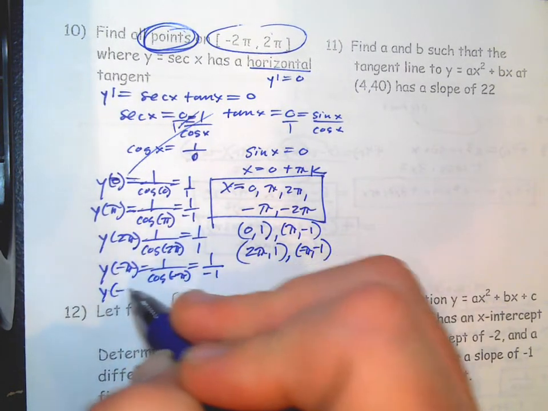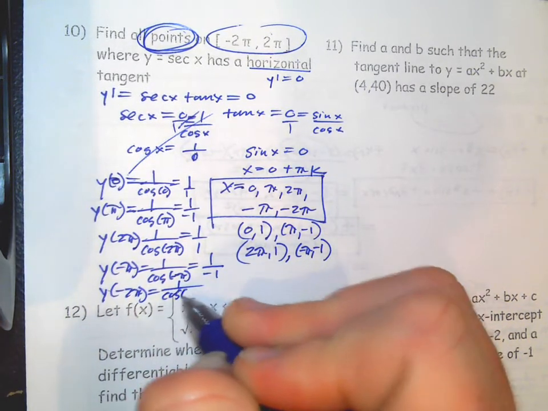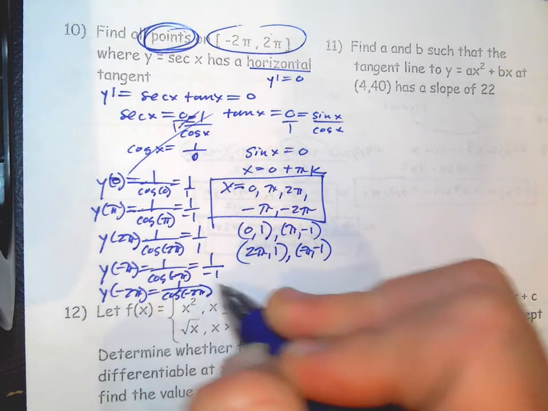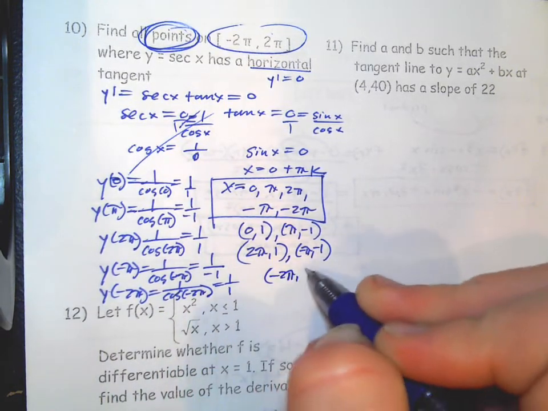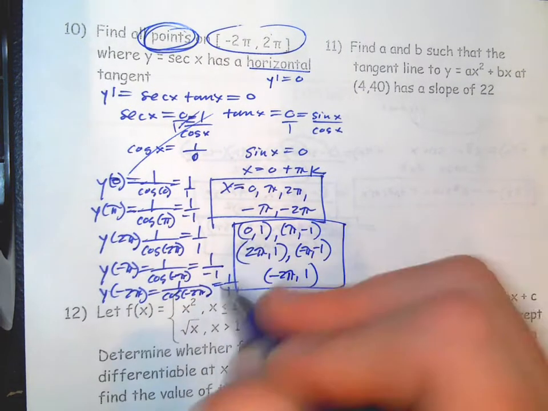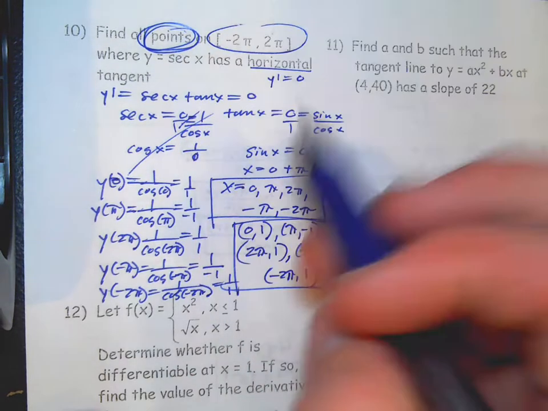And negative 2 pi, 1 over cosine of negative 2 pi is 1 over 1, so (negative 2 pi, 1). So maybe that's a better answer, with x and y coordinates. If it just said x coordinates, we would just go with the x's.